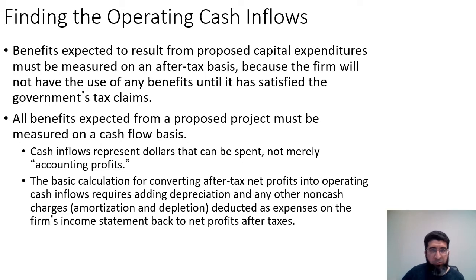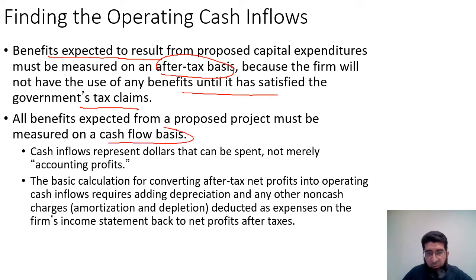So now let's focus on operating cash flows. In operating cash flows, we are going to look at the benefits expected to result from proposed expenditures on an after-tax basis. Why? Because the firm will not have the use of any benefits until it has satisfied the government tax claims. The second is that all benefits expected from the proposed project must be measured on a cash flow basis.